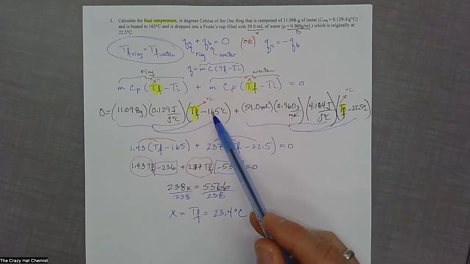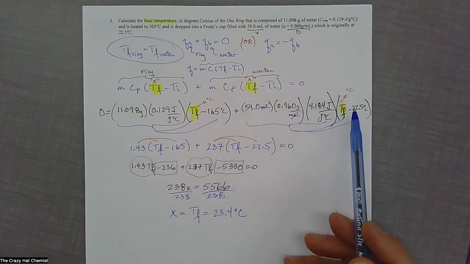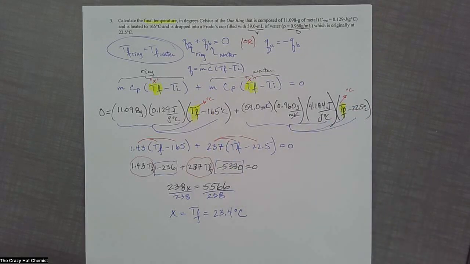Again, the metal is hotter. It's going to lose heat energy to the water. Okay. Heat always flows from the hot to the cold object. That's how heat always flows.